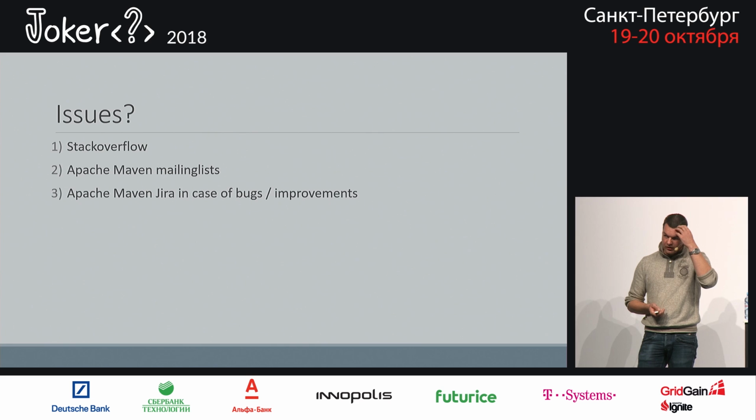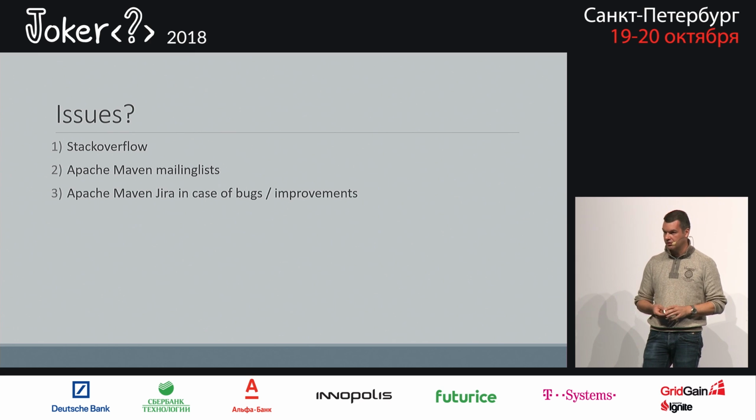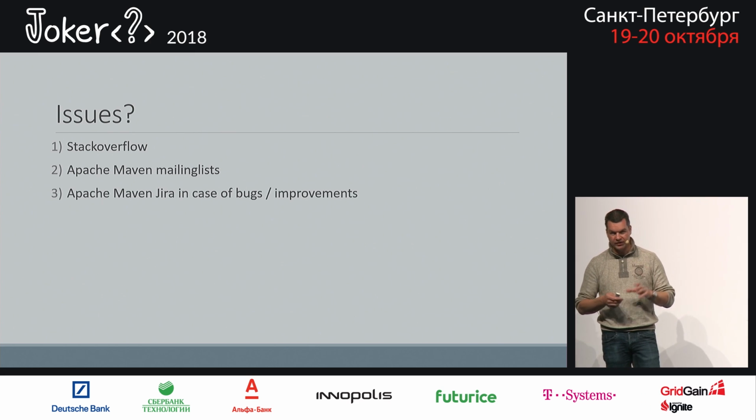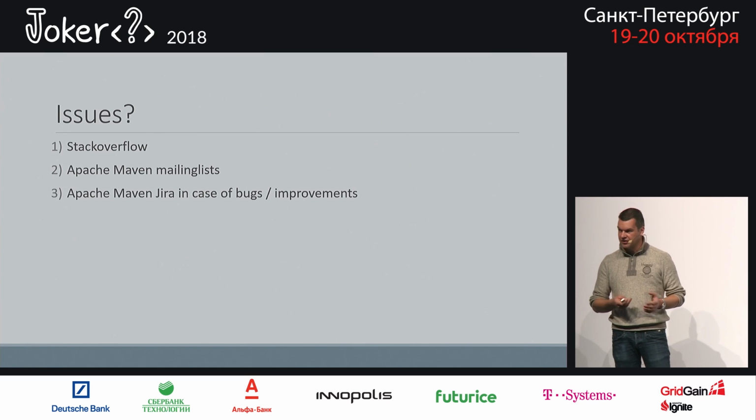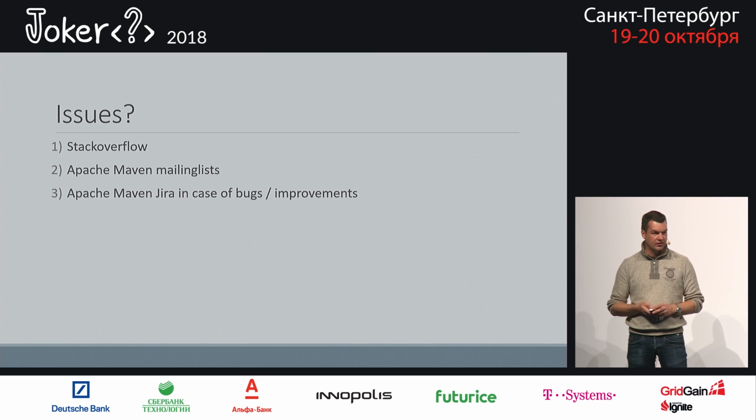In general, if there are issues, one of the most common places you can go to is, of course, Stack Overflow. I am there quite active, and I'm pretty sure there are a lot of other people understanding the specifications about the Java platform modular system and all other stuff related to that who can help you.